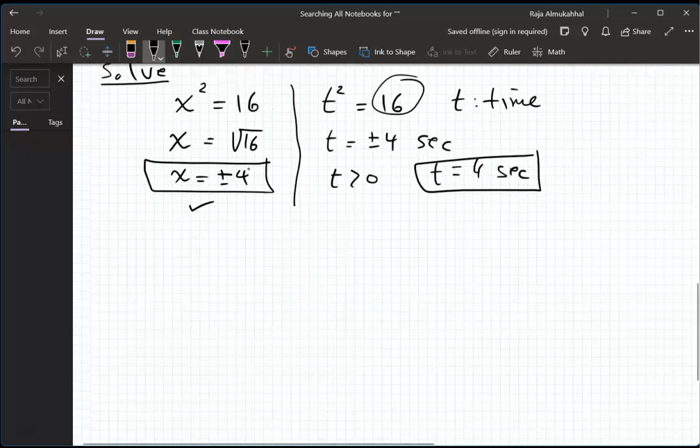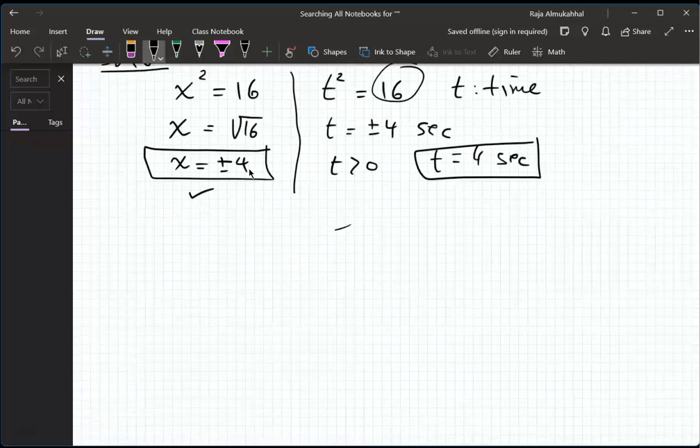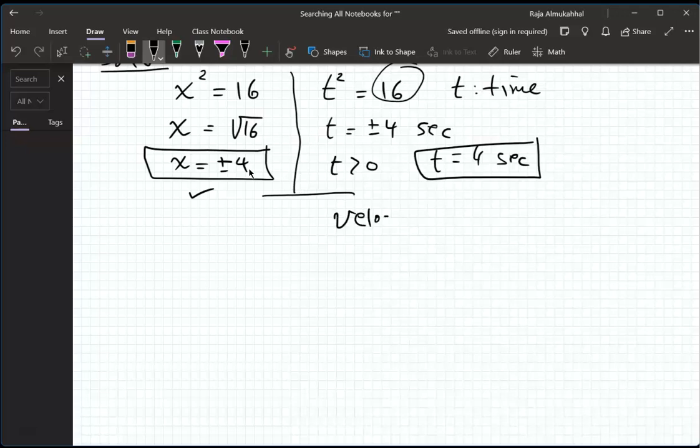At the same token, let's say I have velocity, which means speed with direction. So let's say I have an object that is moving downward like that. So here is the velocity of the object going down.